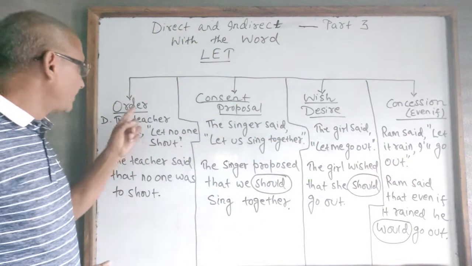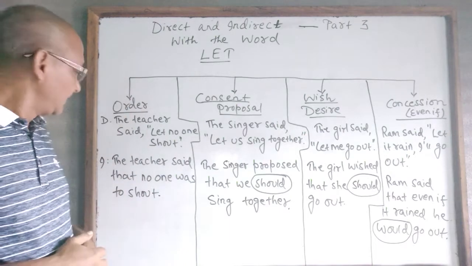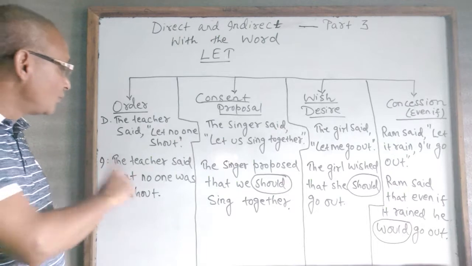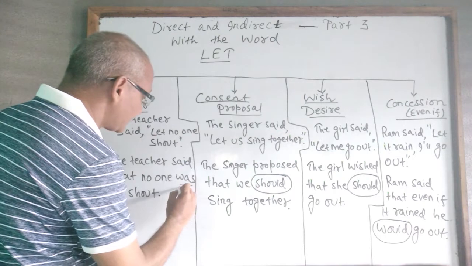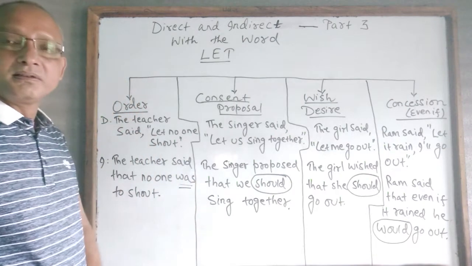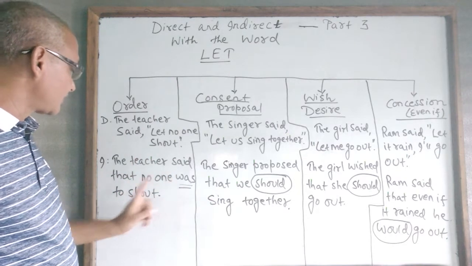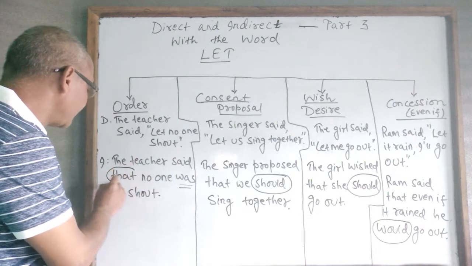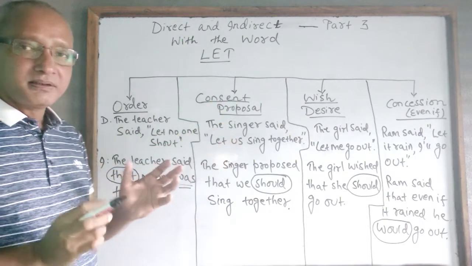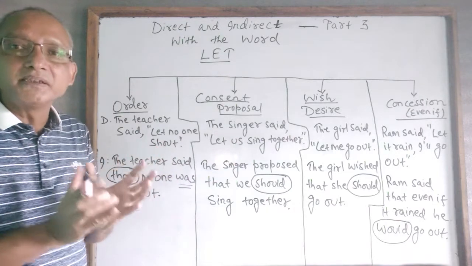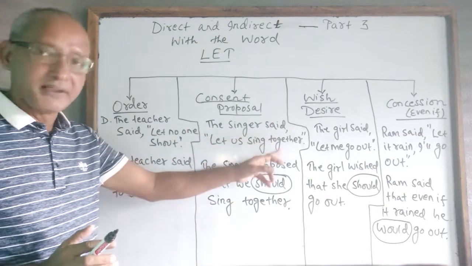For example, order. The teacher said, "Let no one shout." The teacher said that no one was to shout. So this is where we change the verb, and it has been used by the connective that. In the consent or the proposal, like we are working together for a certain cause, the singer said, "Let us sing together."